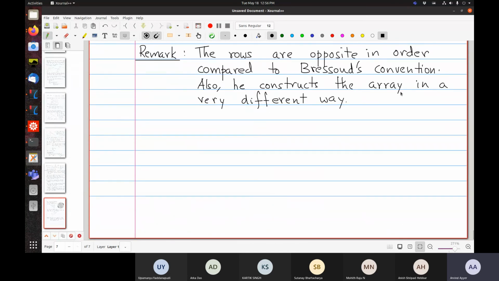Okay. So let me give the formal definition. I'm using the terminology due to Zeilberger, but this was defined by Mills-Robbins.